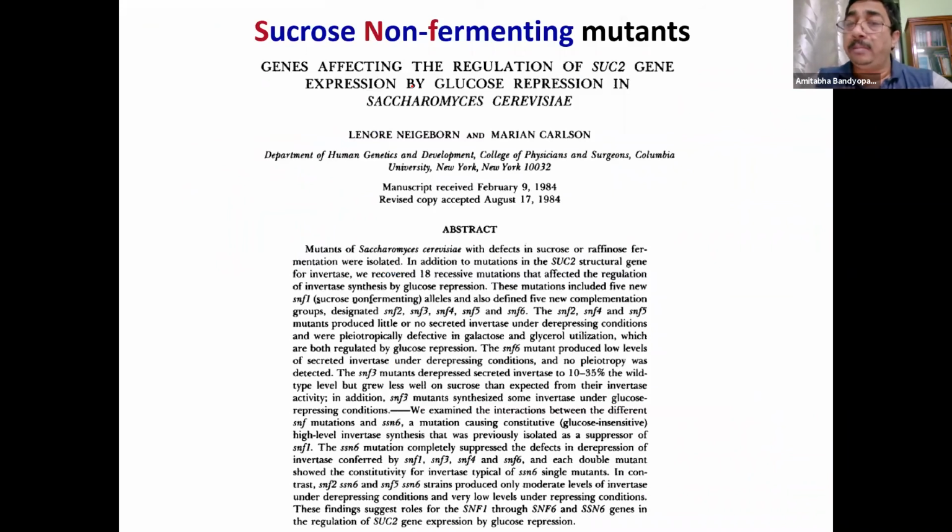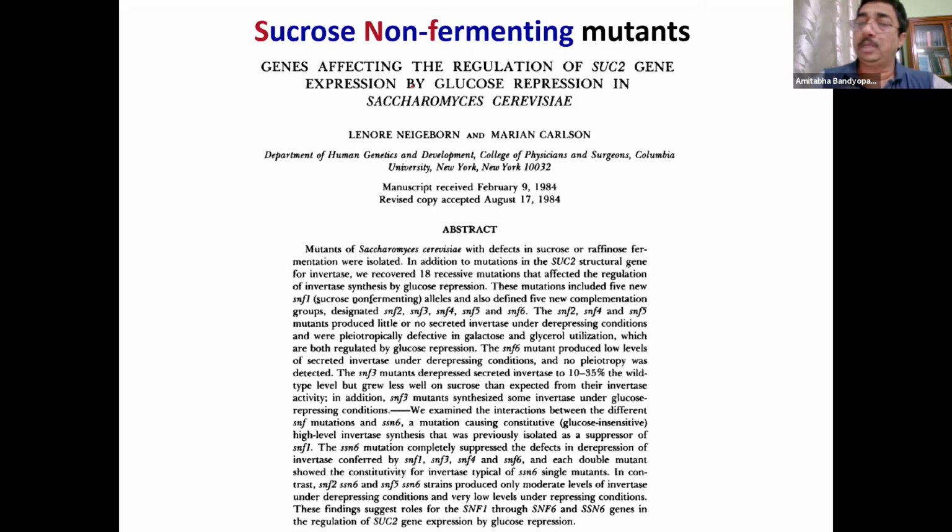Similarly, I gave you this paper or a variant of this paper as part of your quiz, that you take yeast cells and assay for genes which, if mutated, yeast will not be able to grow in presence of sucrose as the only carbon source.